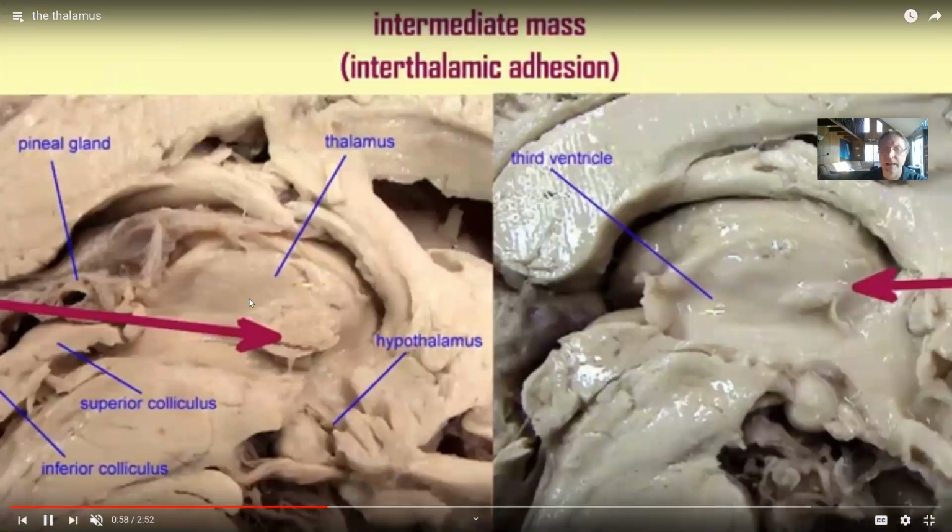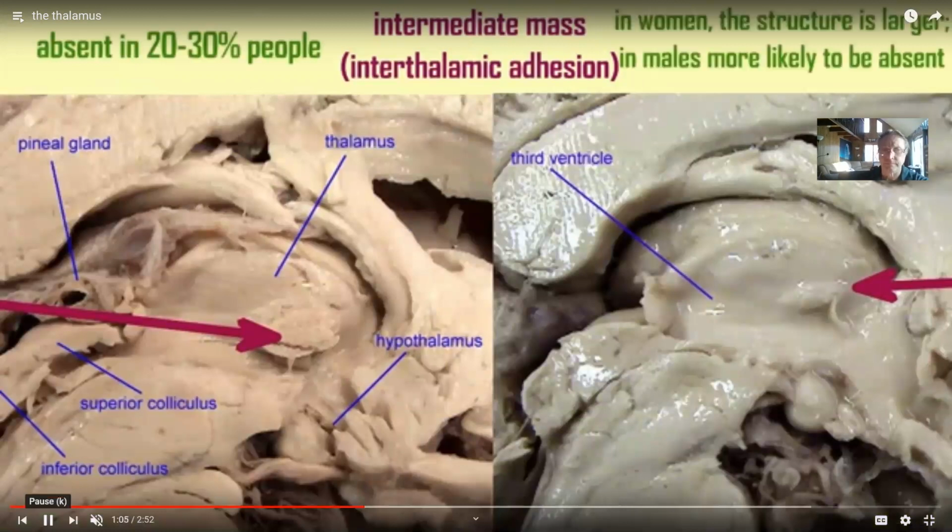And so here you can see the thalamus, and here's a mass which connects the two. And so brains vary, and as we'll get to, there can even be gender variations in the brain. And the presence and size of this mass is one of those examples of what can vary.